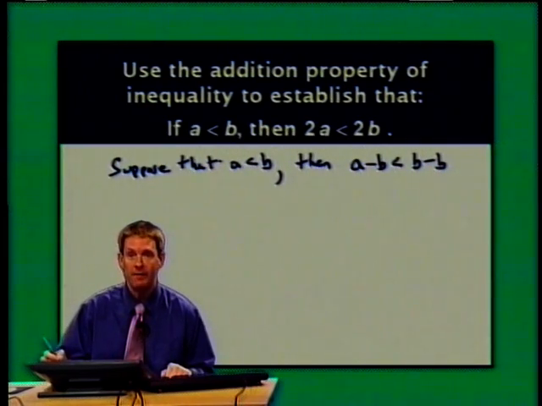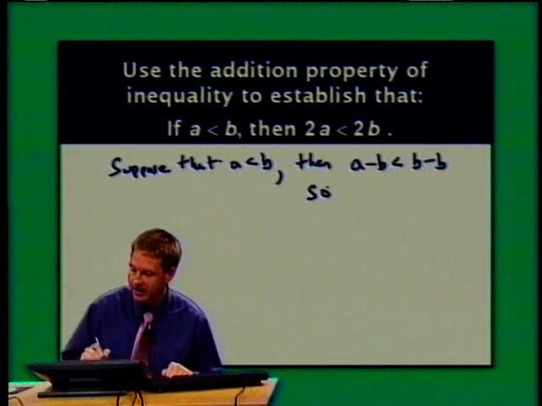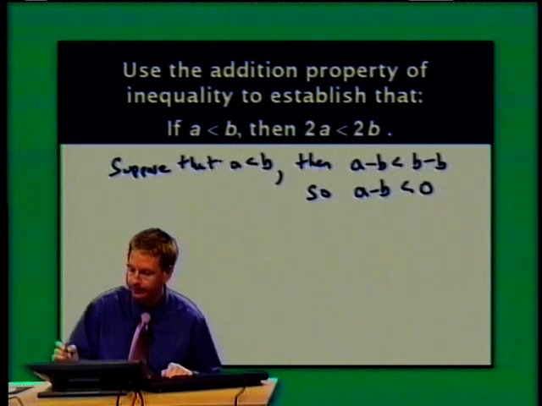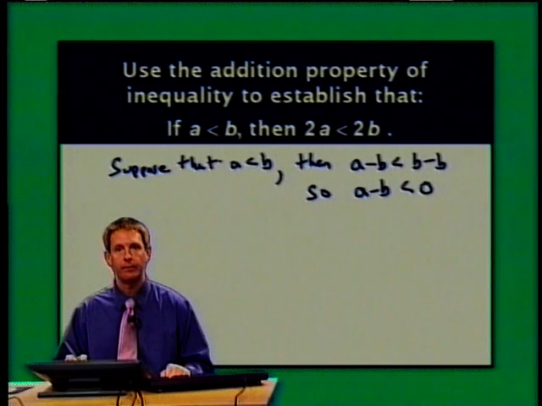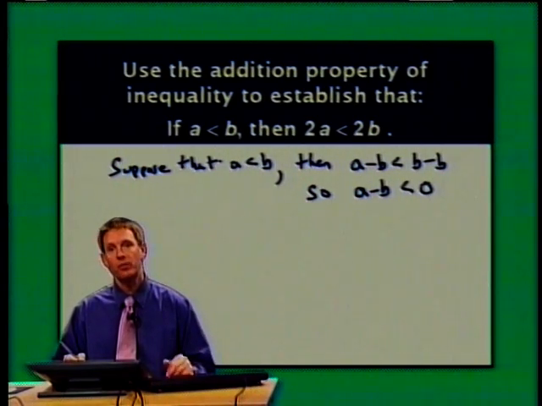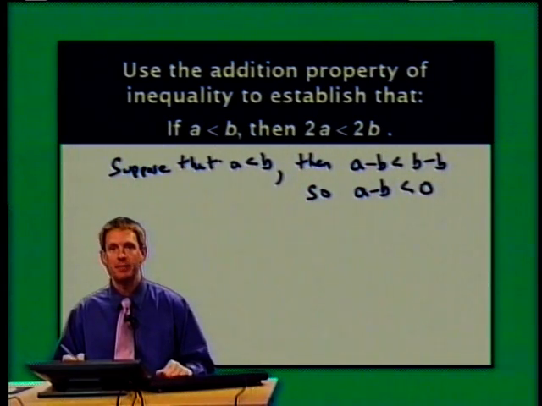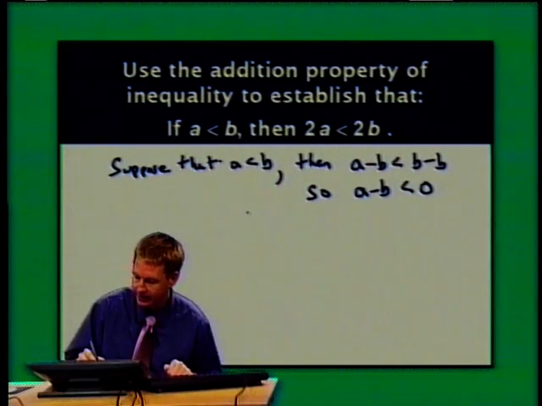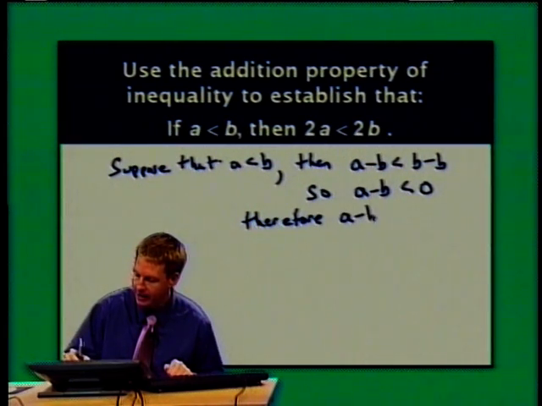So when I simplify the right-hand side of this inequality, we get a minus b is less than 0. There's a verbal description for the relationship that a minus b is less than 0. And that is that a minus b is a negative number.